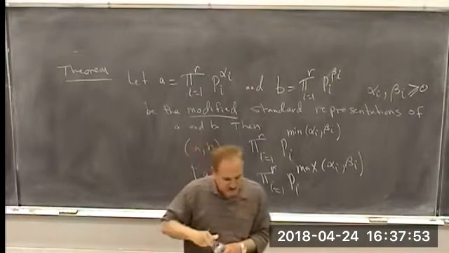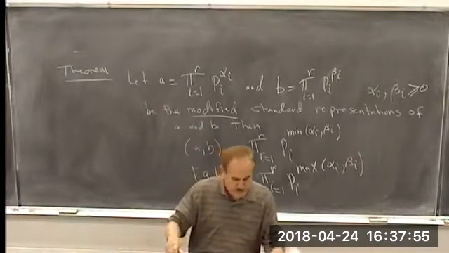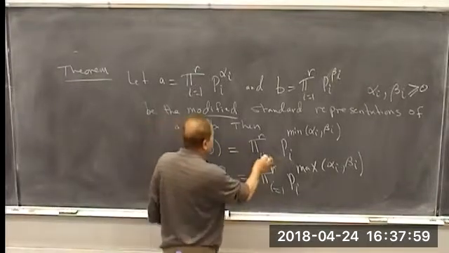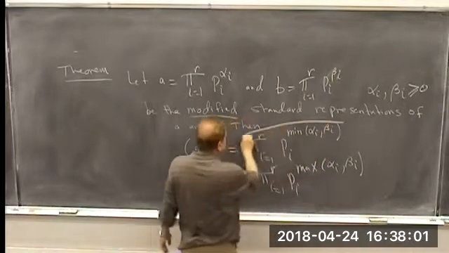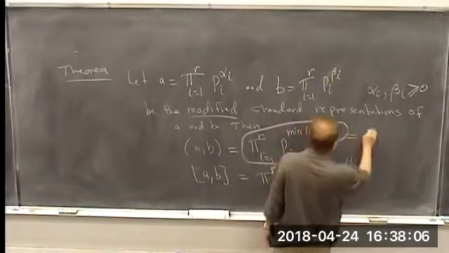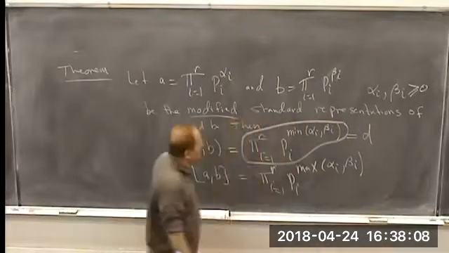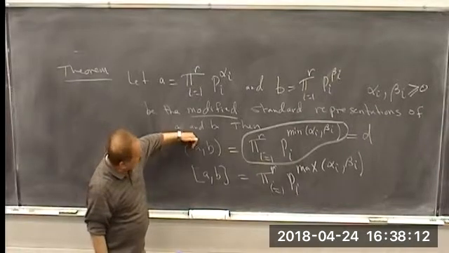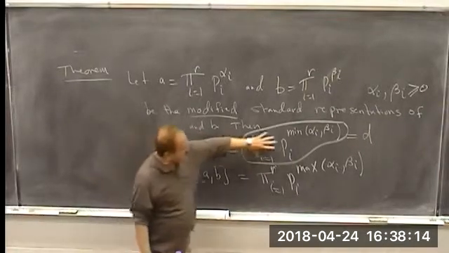Well, let me proceed to the proof. So I'm going to call this, and here I'm going to denote this by D. So this equation claims that the greatest common divisor is expressed this way.